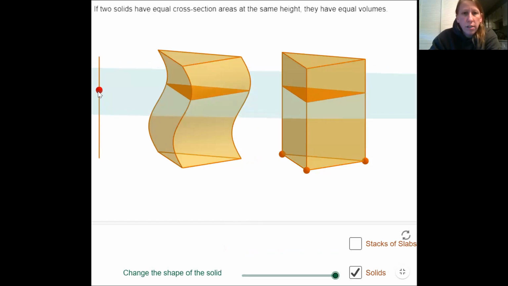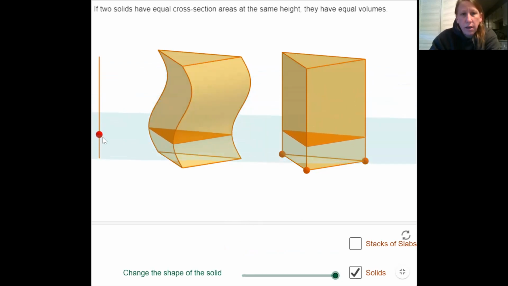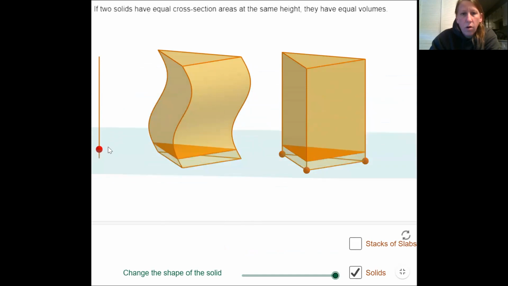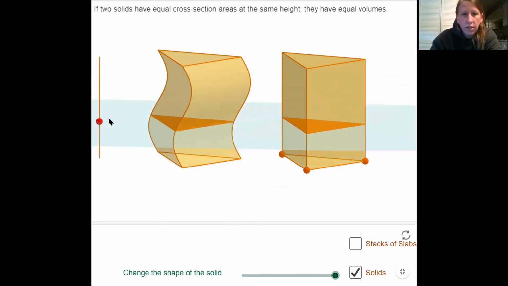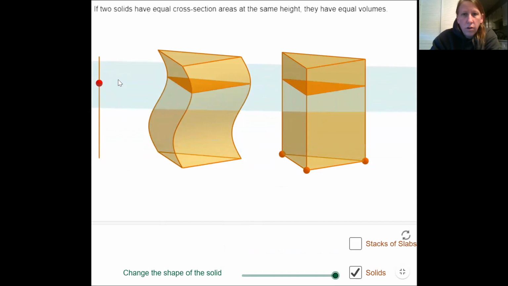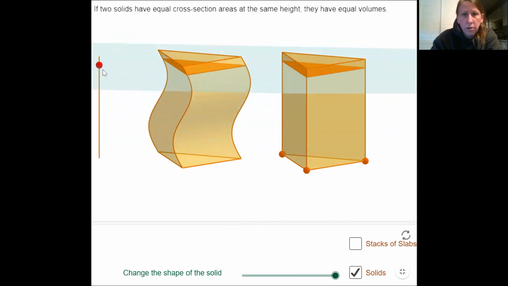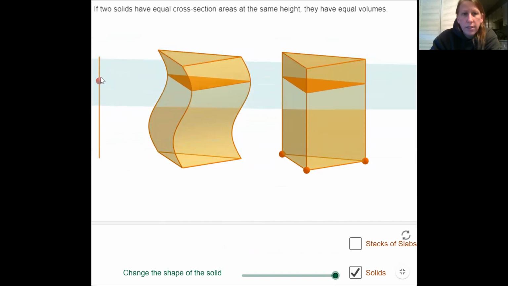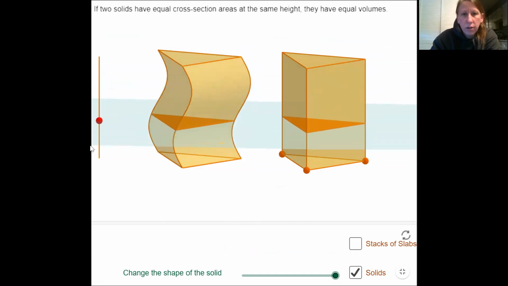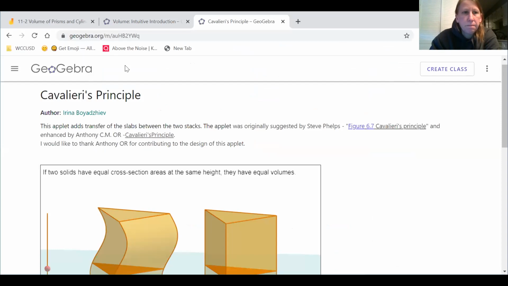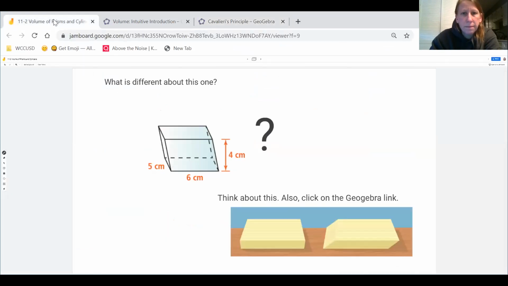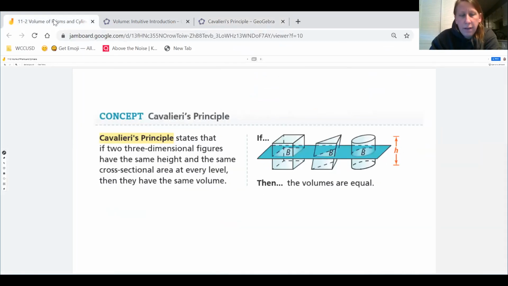The other way to see it is this way. We were talking about cross sections the other day. All of the cross sections are congruent here. So even if it's wiggly, they still have exactly the same right triangle cross sections. This is called Cavalieri's principle.